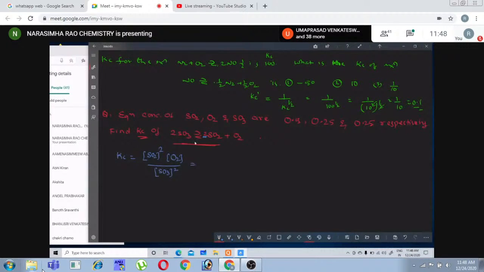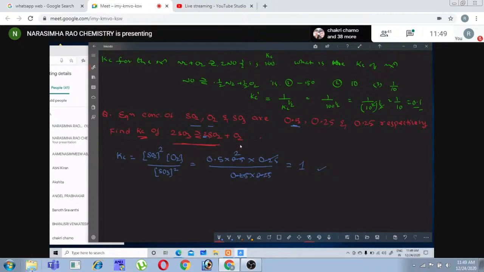Right, children? Now SO2 concentration is 0.5. So 0.5 into 0.5 square means 0.25, upon 0.25 whole square, means 0.25 into 0.25. 0.25 cancels, how many times? 2 times is equal to 1 is the answer.